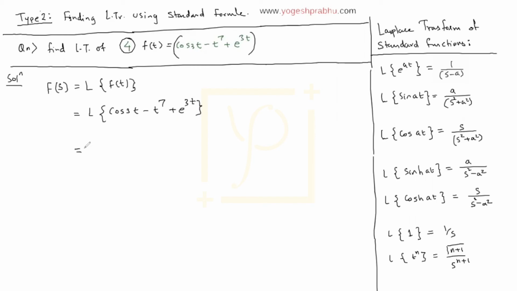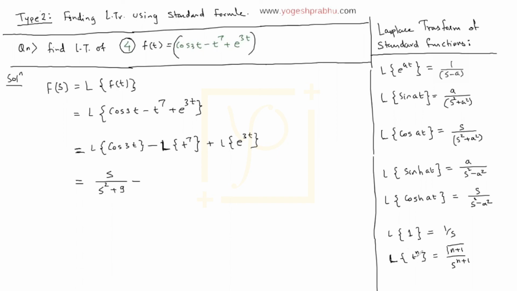So the Laplace transform will be, we can find Laplace transform of each one of the terms. Laplace transform of cos 3t minus Laplace transform of t raised to 7 plus Laplace transform of e raised to 3t. Okay, once you do that, the Laplace transform of cos 3t, you will use cos at formula, which is s upon s square plus a square, that is s divided by s square plus 9, minus, then you have Laplace transform of t raised to 7, where you can use this formula.